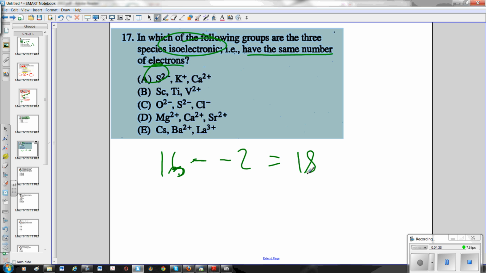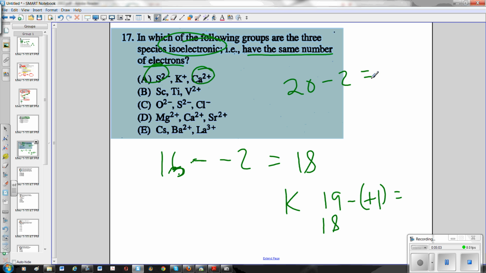Potassium, K, normally has the atomic number 19. You're going to subtract a positive charge, or just take an electron away, which means that it has 18 electrons. The last one is calcium. Calcium normally has the atomic number 20. It has a +2 charge, which means you subtract 2 from the electrons because of the positive charge.